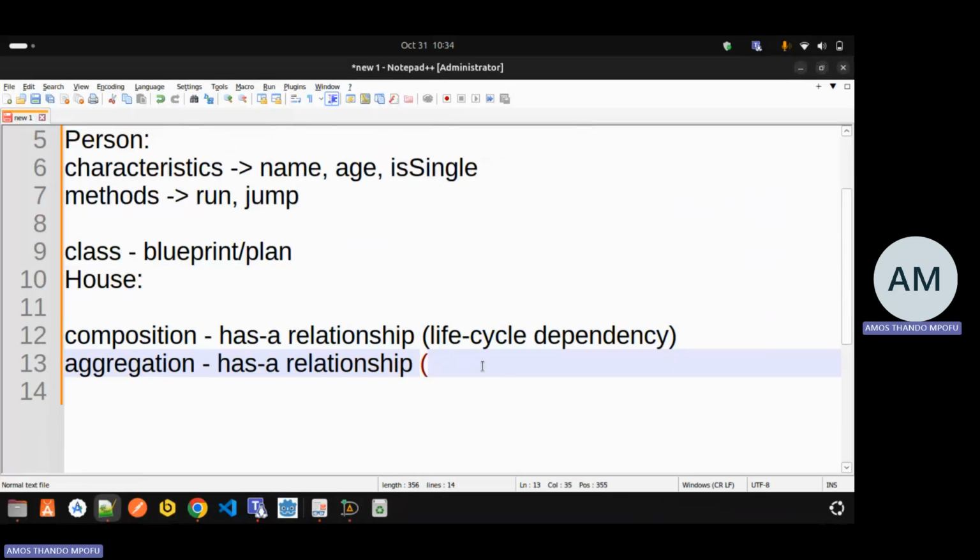And then aggregation is the opposite. There's no life cycle dependency. One thing can exist without the other thing. So, for example, Tabo has a girlfriend, but it's not a life cycle dependency thing. His girlfriend can exist without him existing.